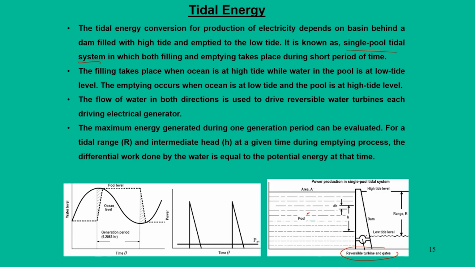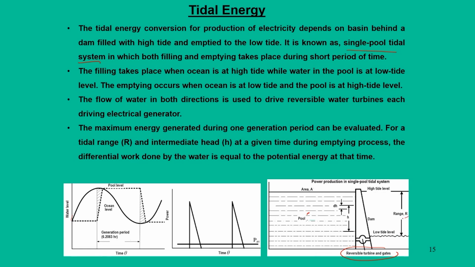Now, what you see is the water level with time, because time stands as the schedule. So, for water level positions, there are two parts: one is the pattern that tides follow, the other is the pool level or ocean level. There are two sides of the dam, and it is a single pool, so there is only one side where we store the water, and on the other side the water is less.